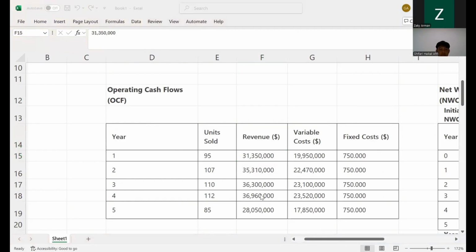And for the variable cost, we multiply the units sold by $210. And for the fixed cost, we got $750,000 per year. It is from the question.